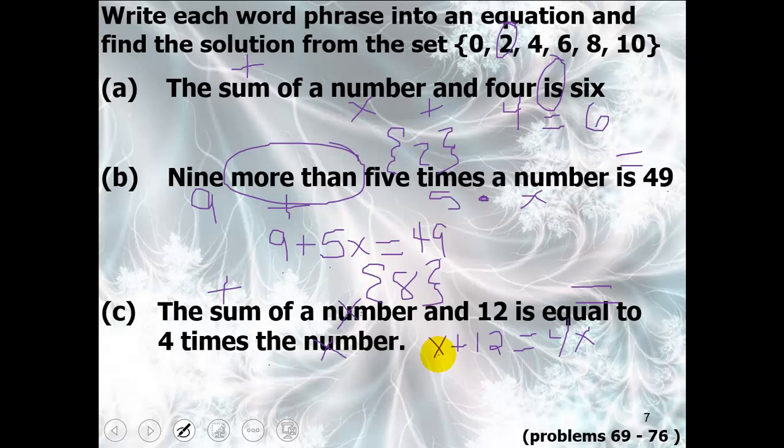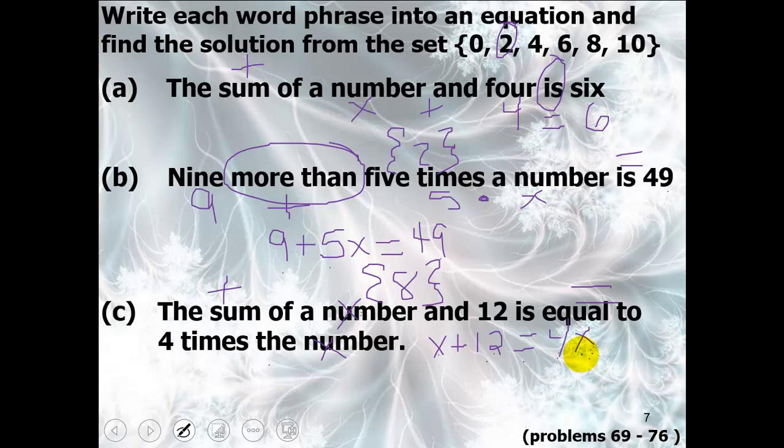We need this product to be bigger than 12. If I plug in a 0, does 0 plus 12 equal 4 times 0? No.